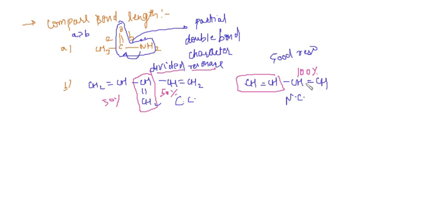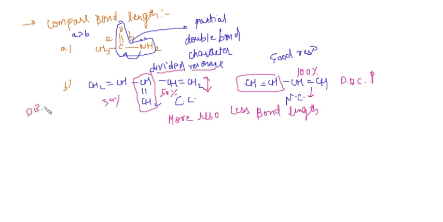So the more the resonance, the less the bond length. More resonance means the double bond character is less here and more here.